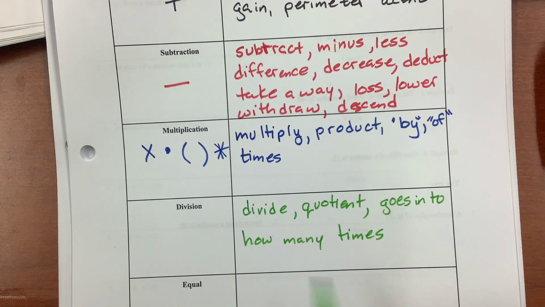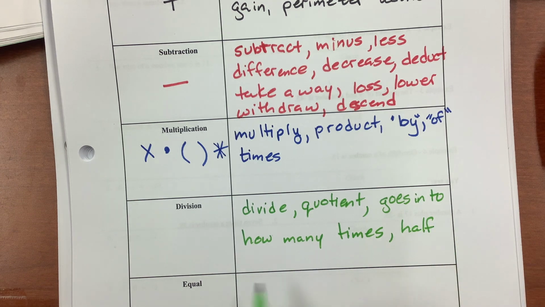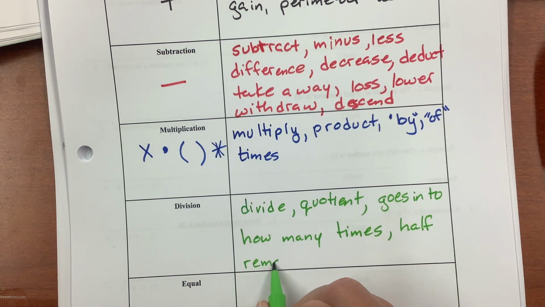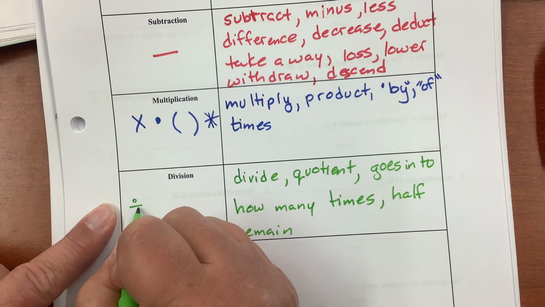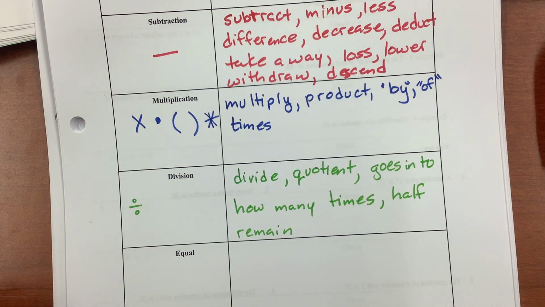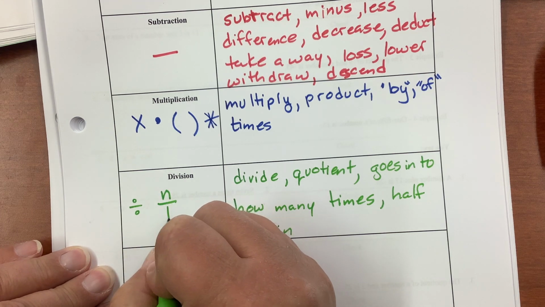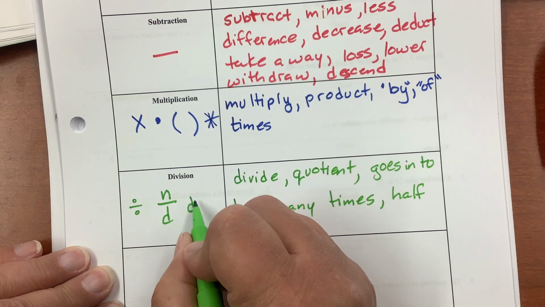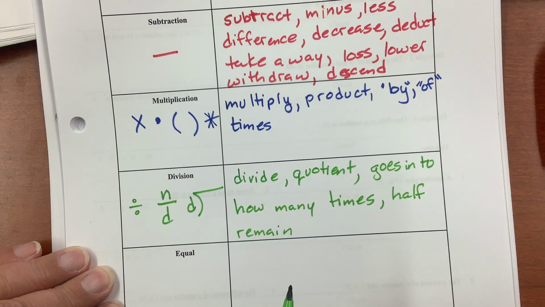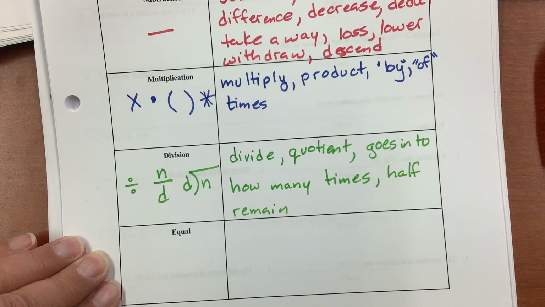Remainder, half. Half is one of my favorites. Remainder, remain. And some symbols for division. Well, there's obviously the old standby dot over dot. Then there's, of course, the one we're going to use the most, which is numerator over denominator. But there's also the one where you put the denominator outside and that old one into the numerator. So those are all different ways to write division.